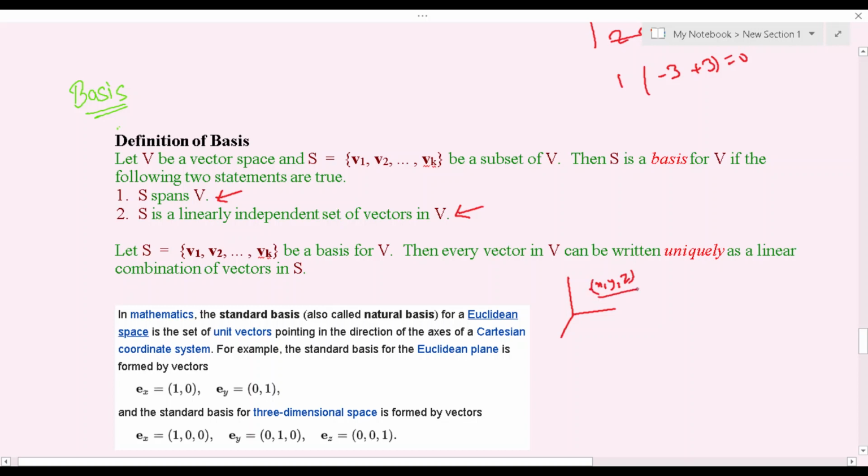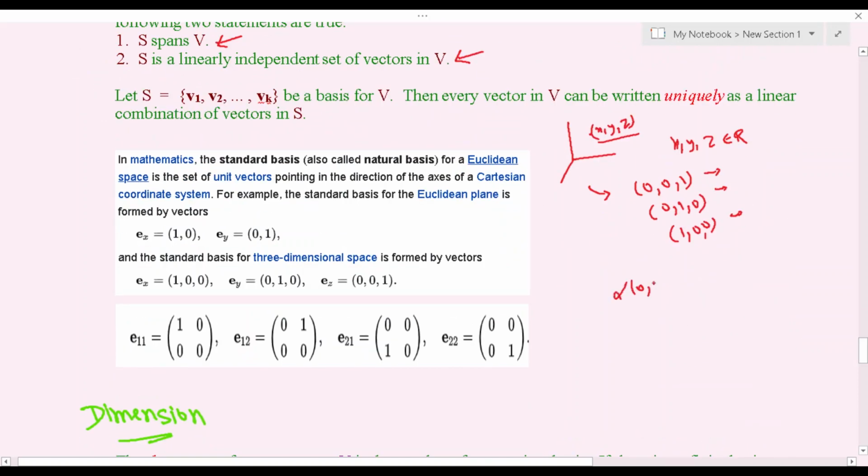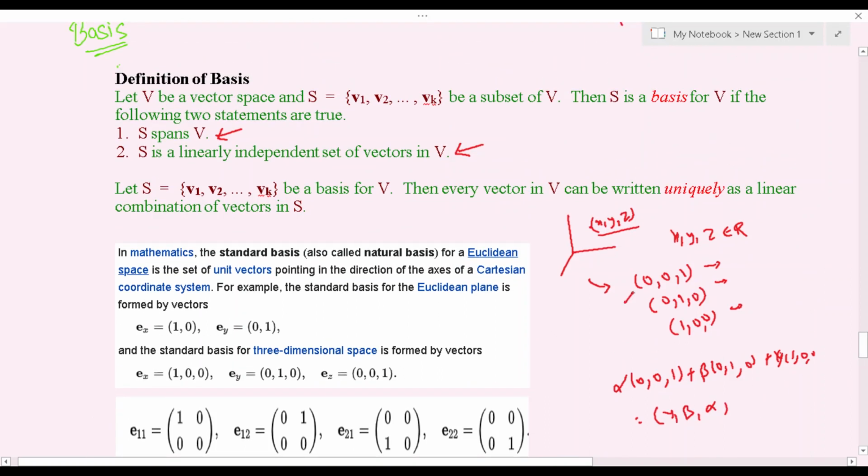This coordinate system is the set of all points (xi, yi, zi) such that x, y, z are real numbers. The basis is (0, 0, 1), (0, 1, 0) and (1, 0, 0), and by a linear combination of these three vectors, alpha (0, 0, 1) plus beta (0, 1, 0) plus gamma (1, 0, 0), we can represent all the points in the 3D plane by these three vectors only.